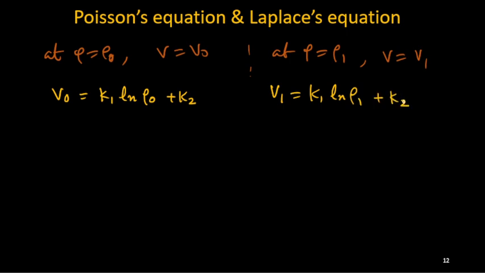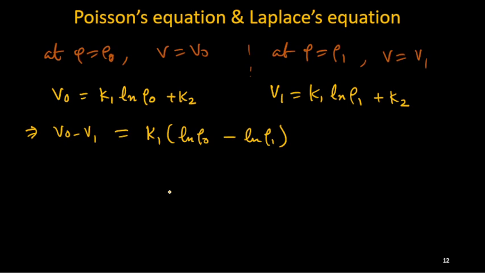If I subtract these two, our objective is to find the gap. So V0 minus V1, what will I get? K1 common, it is ln rho 0 minus ln rho 1.